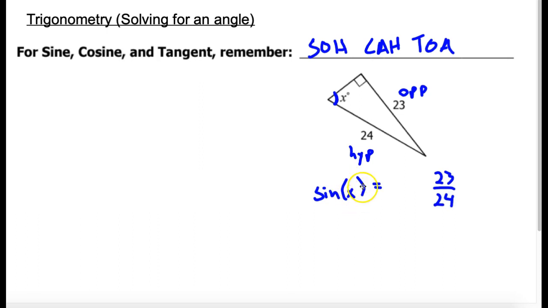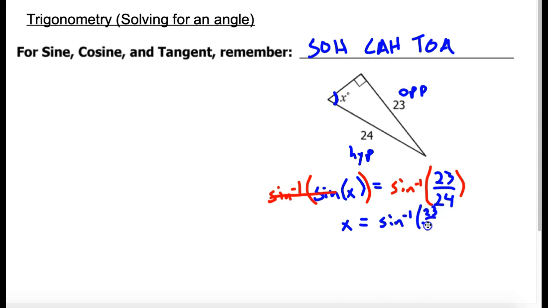So now remember, whenever we're solving for an angle, that angle is trapped inside the trig function. We need to use inverse trig to get it out. So I'm going to take the inverse sine of both sides. These cancel, and we are just left with x equals the inverse sine of 23 over 24, and that we will put into the calculator.